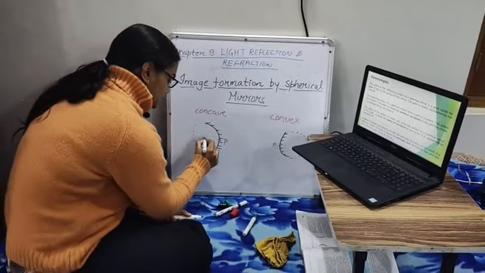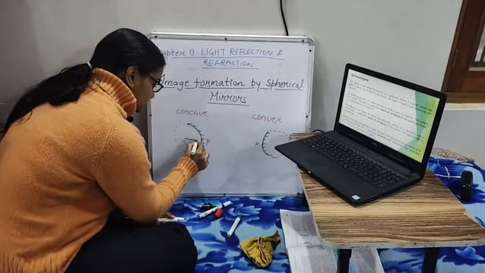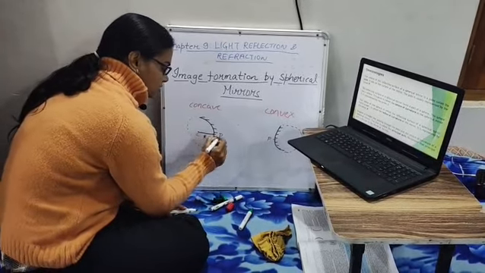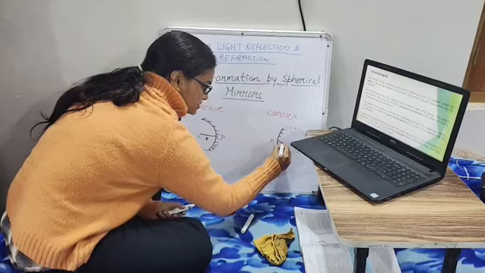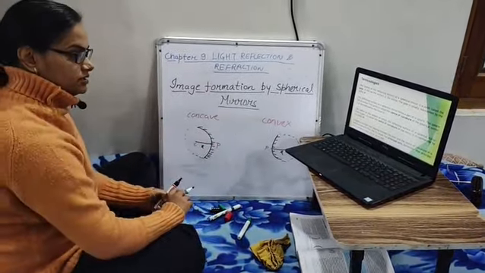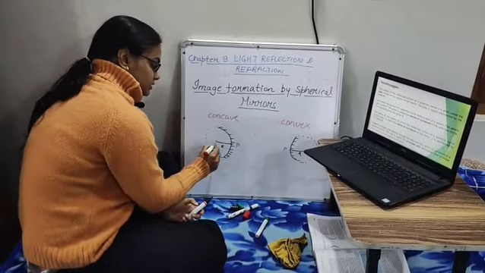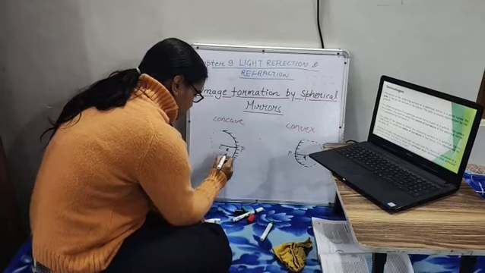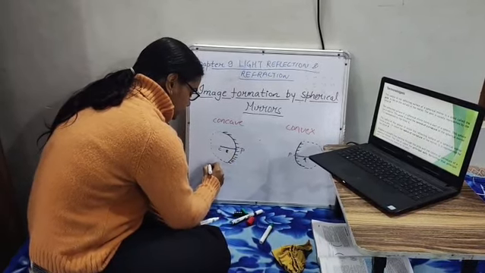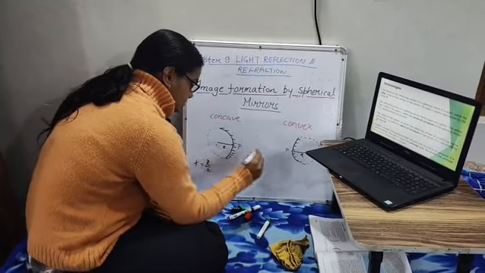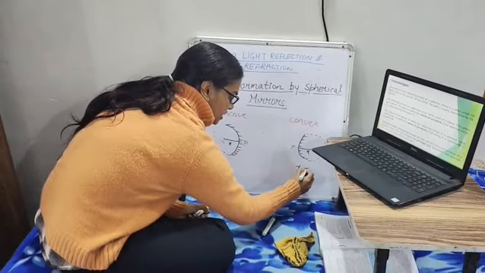The radius of the sphere is known as R. Now focus. What is called focus? Half of the radius is known as focus. Focus is half of the radius.